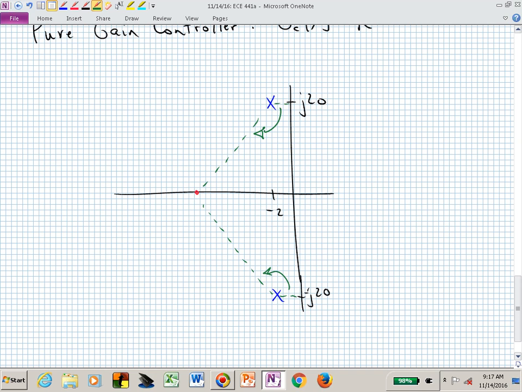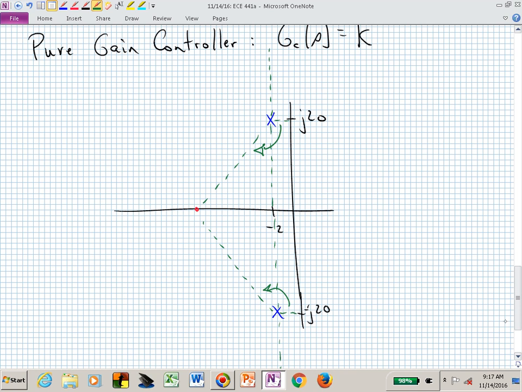Where's the centroid of that asymptote located? Minus 2, minus nothing, divided by 2. It's at minus 2. So my asymptotes, I now know where they are. There's my asymptotes. Where do I start my root locus? On the open loop poles.